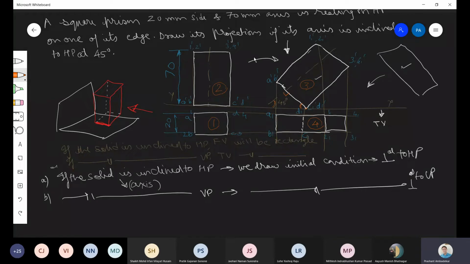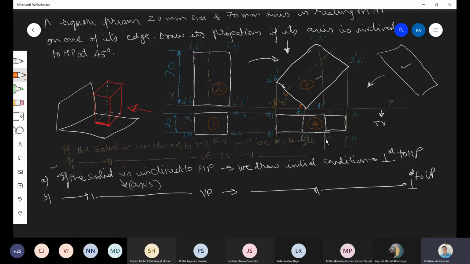Then we also have a line joining 1 to 2, 2 to 3, 3 to 4, 4 to 1. So where is 1? 1 to 2, 2 to 3, 3 to 4, 4 to 1. Clear? Next, we also have a line joining A to 1, B to 2, C to 3, and D to 4. Like this, we'll join all the lines.